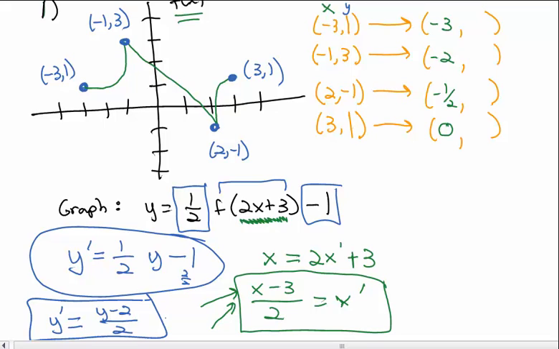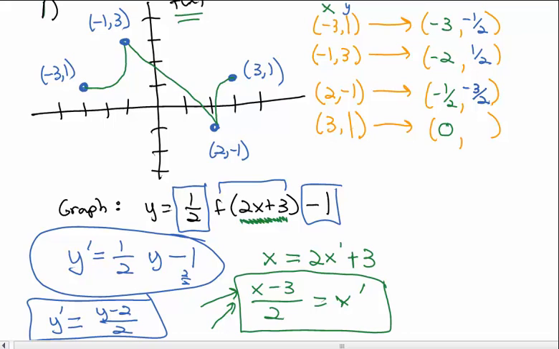So 1 is my first y coordinate. 1 minus 2 is negative 1 over 2. 3 is my second y coordinate, so 3 minus 2 is positive 1 over 2. Negative 1 is my next y coordinate. Negative 1 minus 2 is negative 3 over 2.